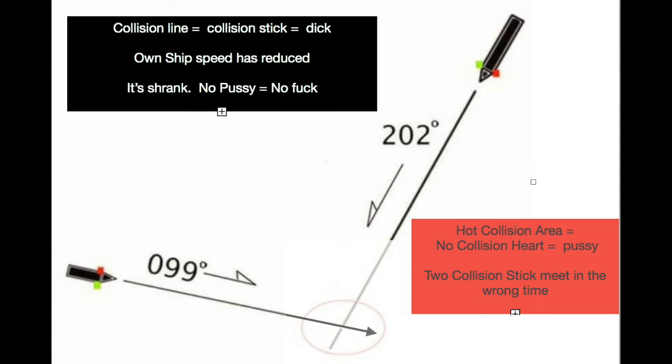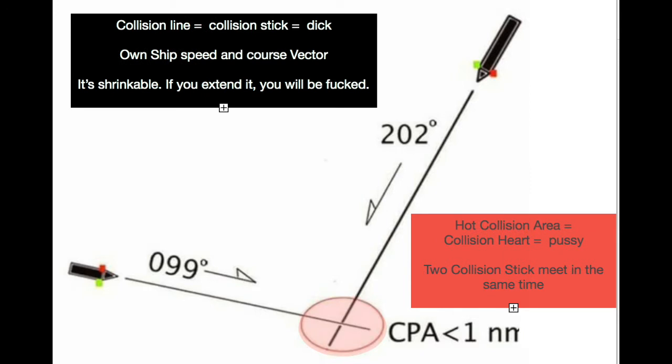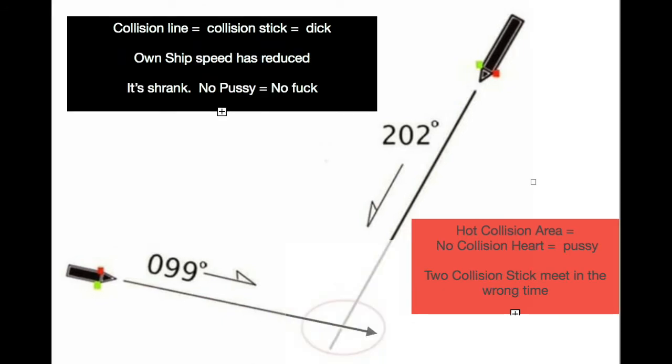So our collision stick is shrunk, which means its length is reduced. If we keep the original speed, then there will be a collision. So this is the concept of the collision line.